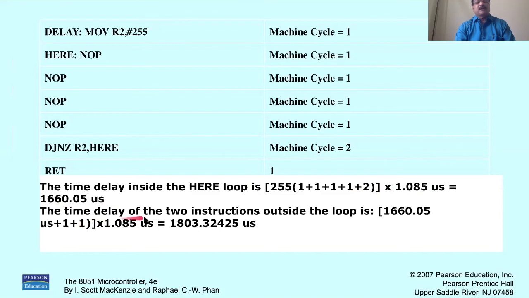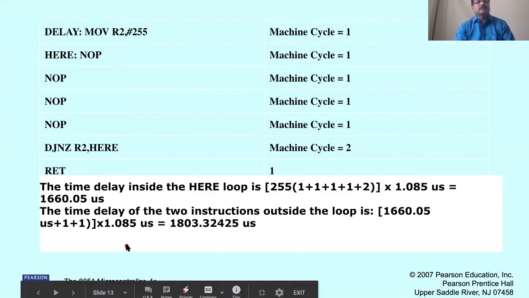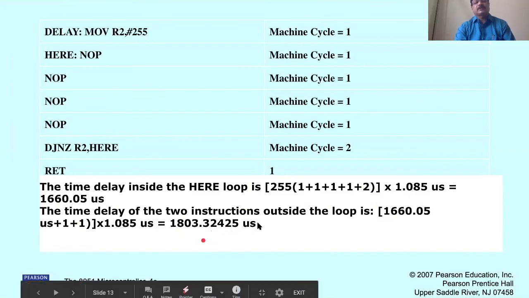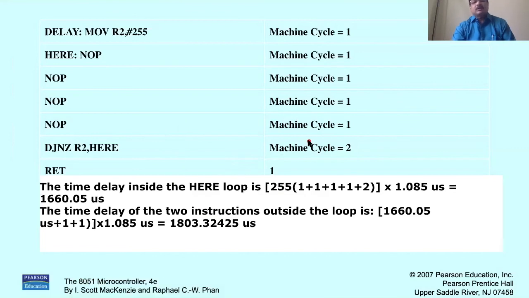The time delay of the 2 instructions outside the loop then will be 1660.05 plus 1 into 1.085 microsecond. That gives you 1803.32425 microsecond. So that is how you can calculate the exact time delay that can be introduced with that delay routine.